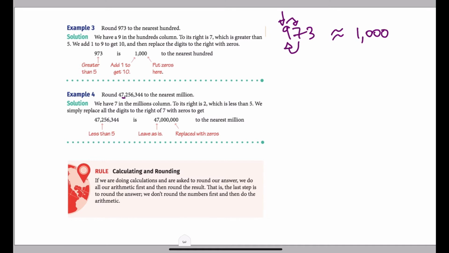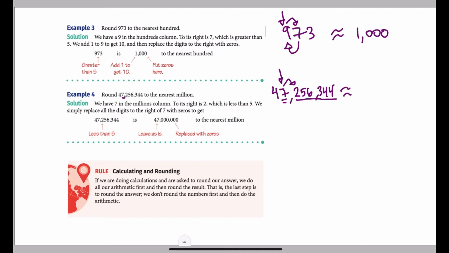So 47,256,344. I'm rounding to the nearest million, but it's the neighbor number that will help me decide. It's a 2, so what that means is we're going to round off. So essentially, we just turn everything after the place value that we're rounding to into zeros.